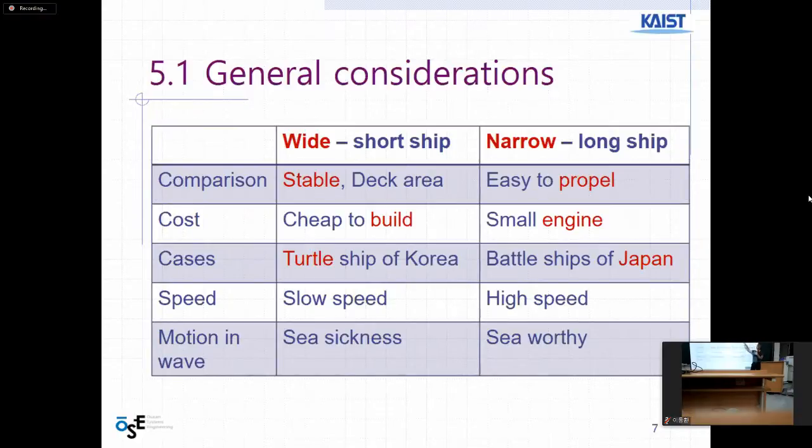Also, Japan is an island country, so their sea water is very rough compared to the Korean sea water. That's why they needed a ship good in rough waves, and high speed. So that's why the differences come from the background.